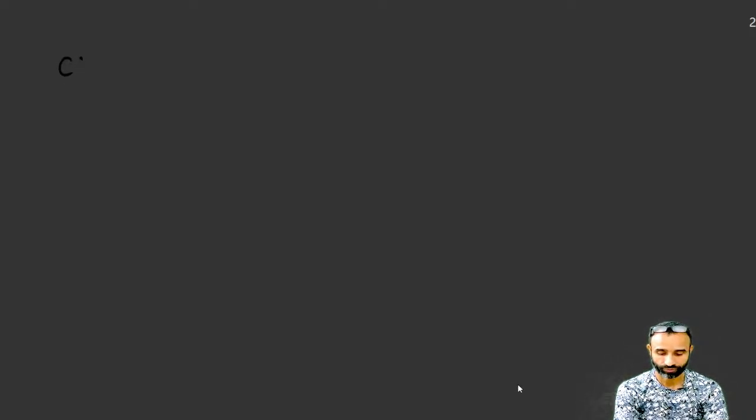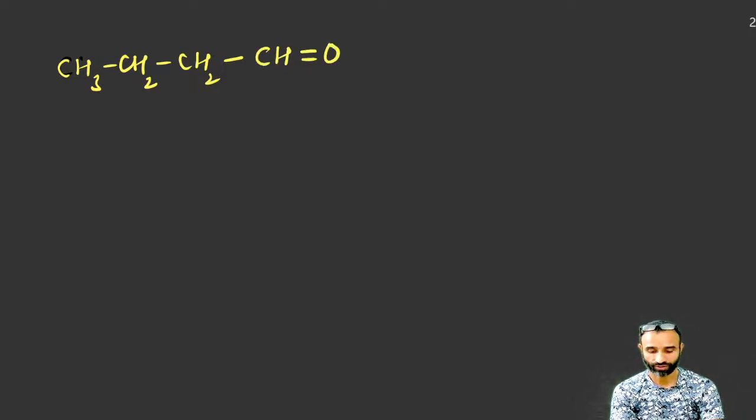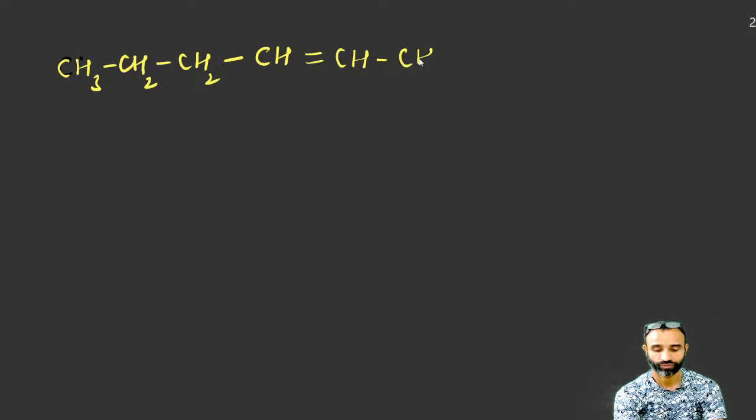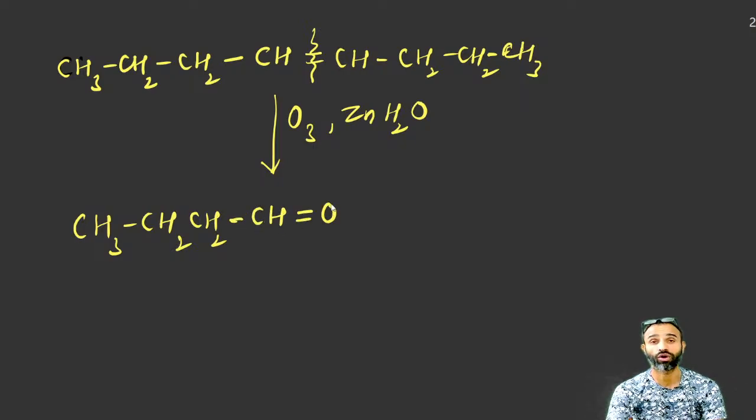That means we get 2 molecules of CH3, CH2, CH2, CH double bond O, right? Because we have this alkene, when ozonolysis takes place, there is a breaking of the carbon-carbon double bond and instead we get a carbon-oxygen double bond.